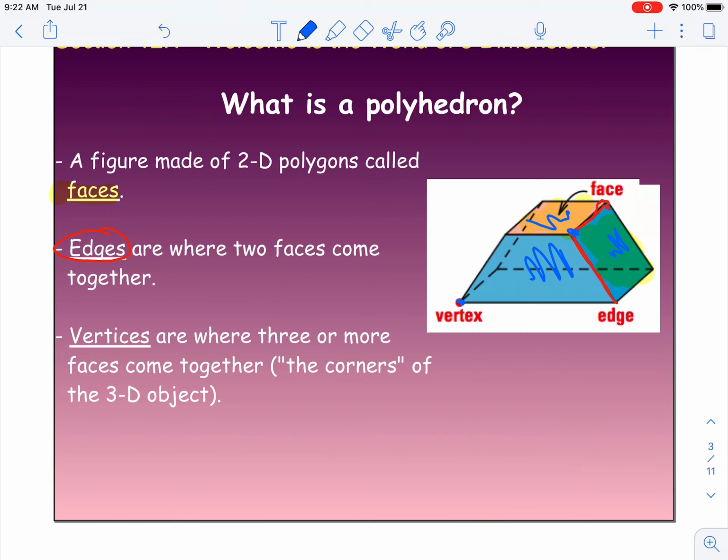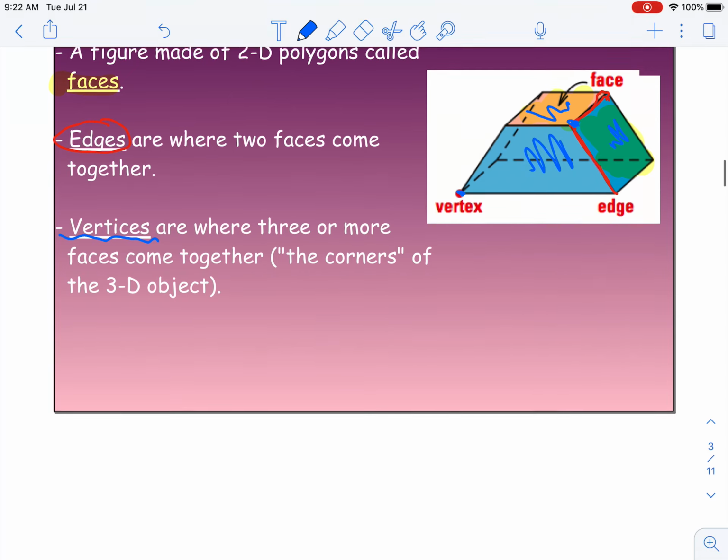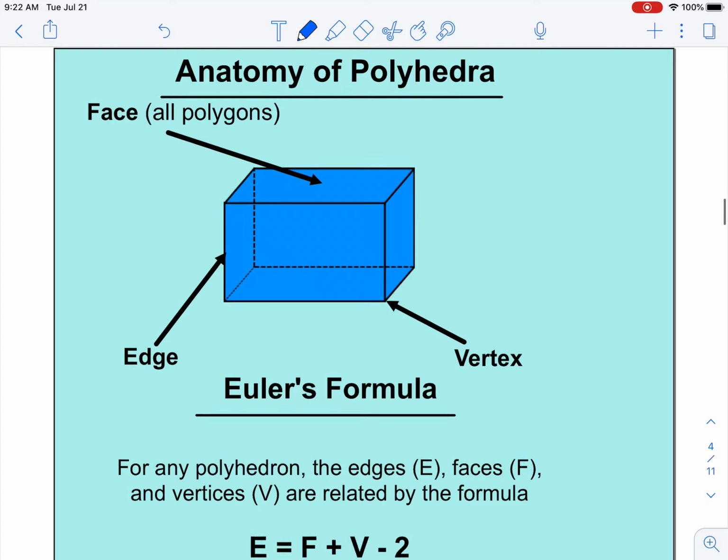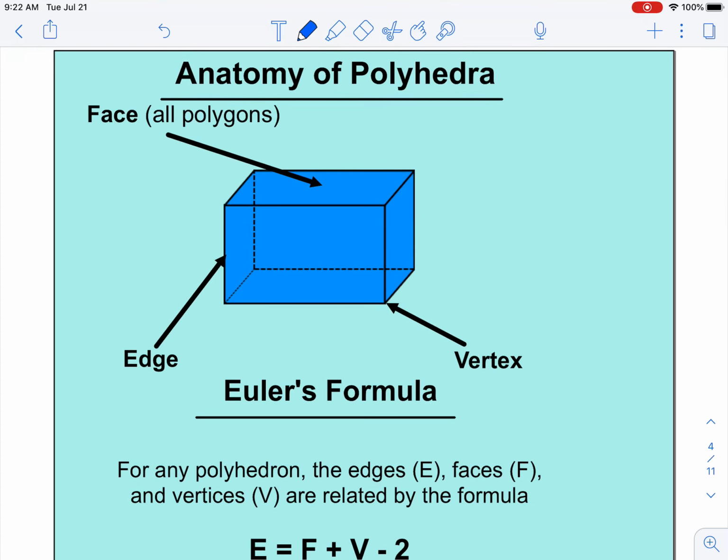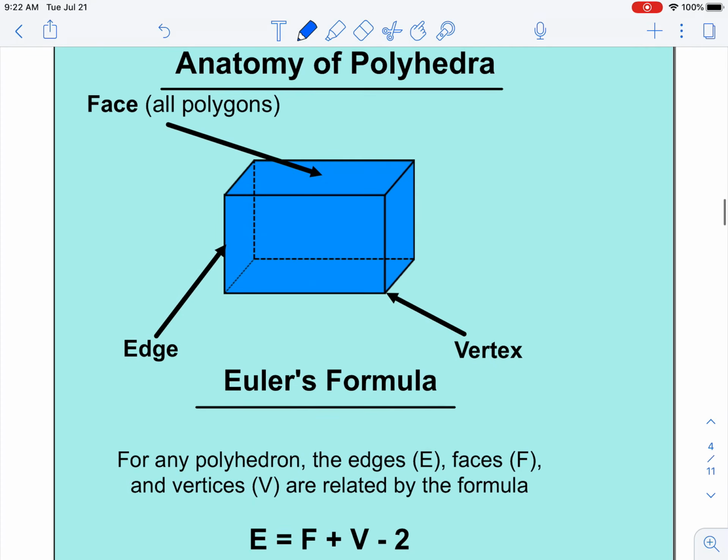It's really the corners of the three-dimensional object, and it's kind of where all the edges also come together, is another way to look at it. So again, this is just the anatomy of a polyhedron. Again, just another picture. One thing to think about visually for a polyhedron is like a tissue box. That would be a polyhedron.